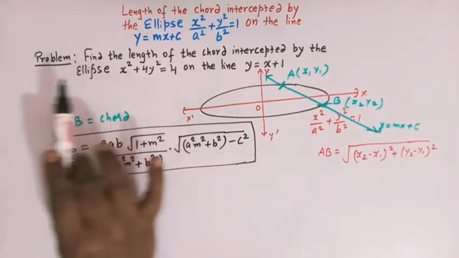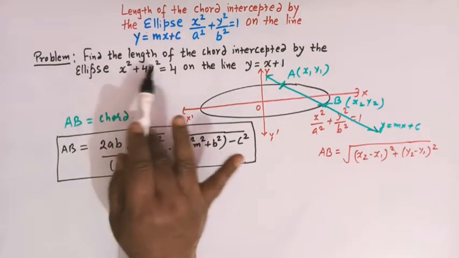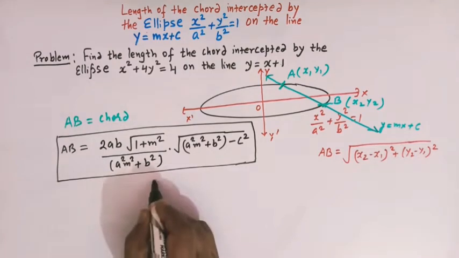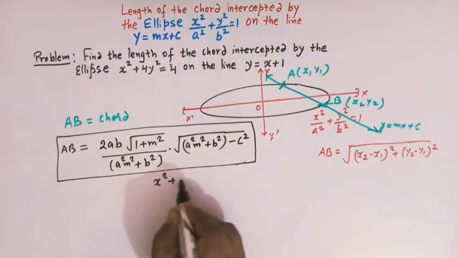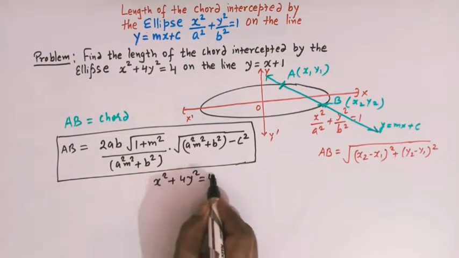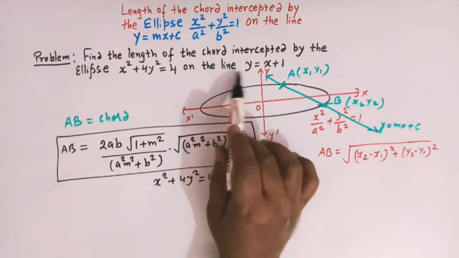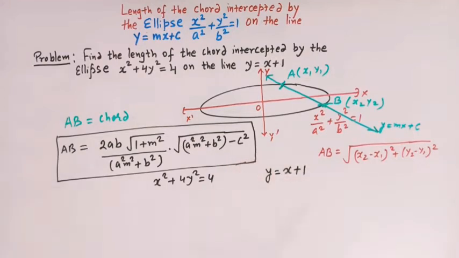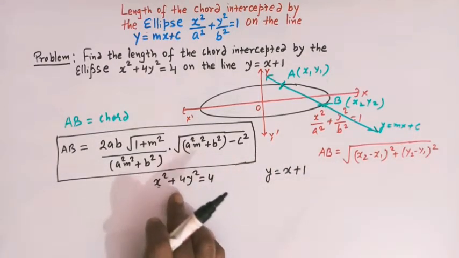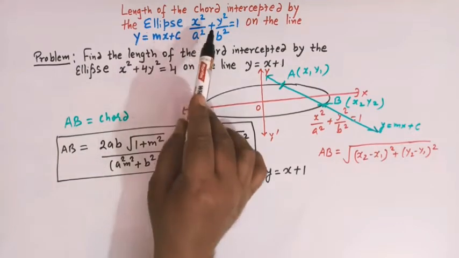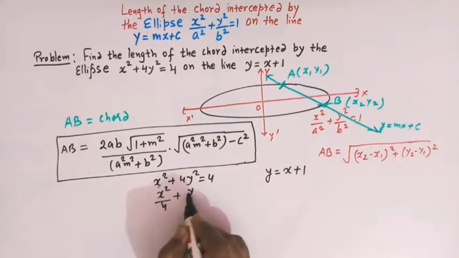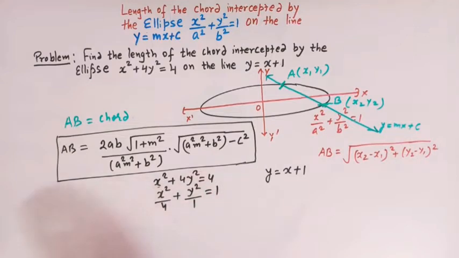Now let us come to this problem. Here we have to find the length of the chord intercepted by the ellipse. The equation of the ellipse is x square plus 4y square is equal to 4, and the equation of the line is y is equal to x plus 1. We convert the ellipse equation into standard form, x square over 4 plus y square over 1 is equal to 1.